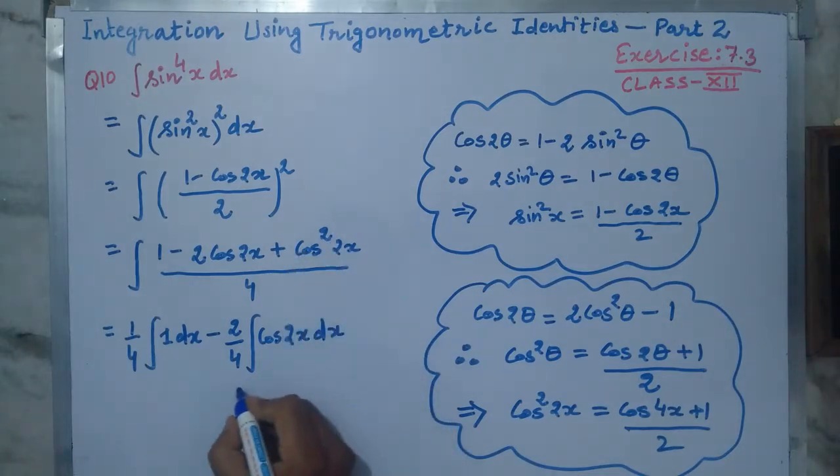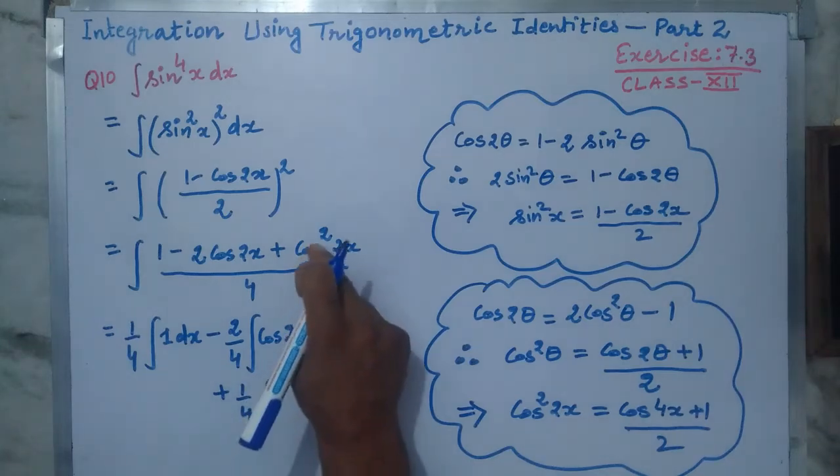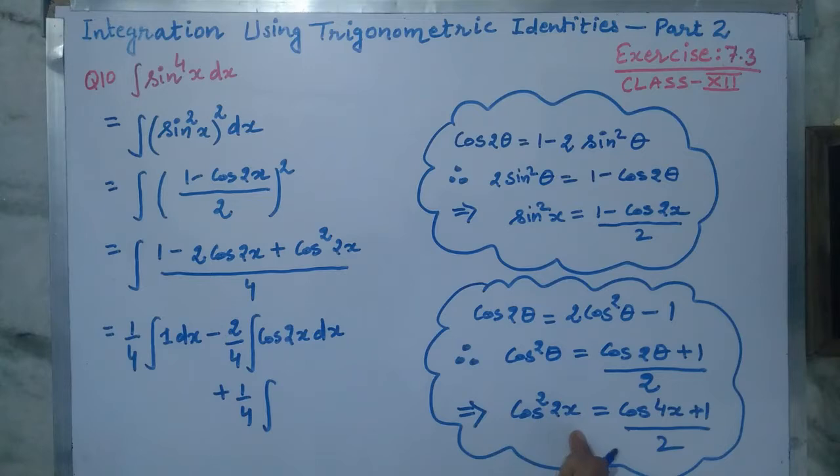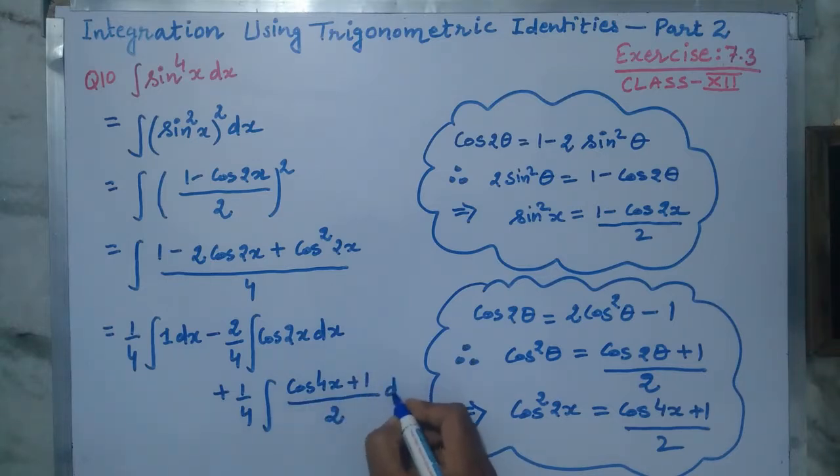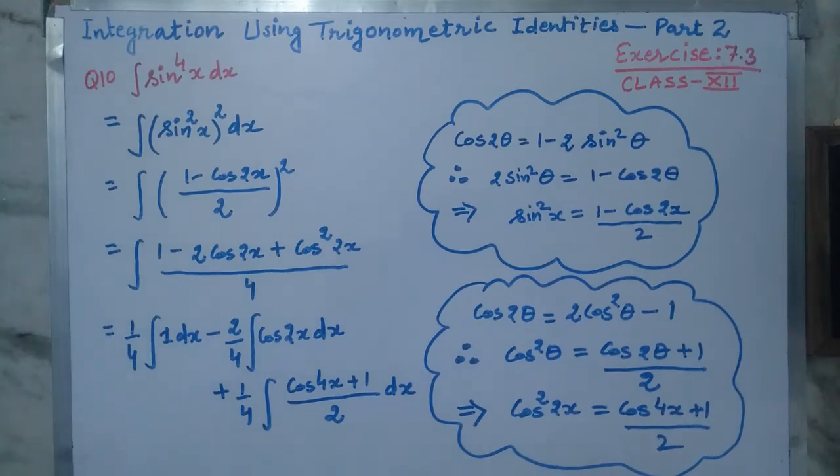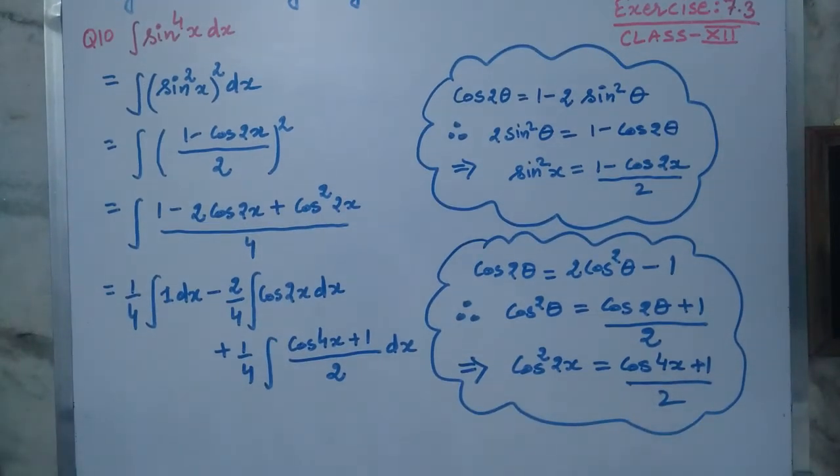Lastly, plus 1 upon 4, in place of cos square 2x we write here cos 4x plus 1 upon 2 into dx. So this way finally we can find the solution of this question now.